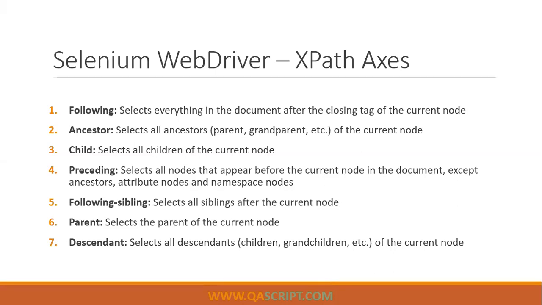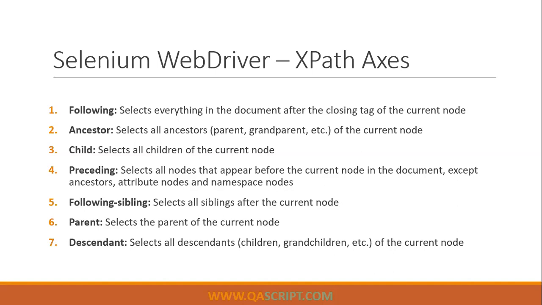If you're not able to identify some element in the application, you should look above. If there is an element which has a unique attribute and you can easily identify that, then you should go for that element and use following, so that you will get all the following nodes for that particular element, right?